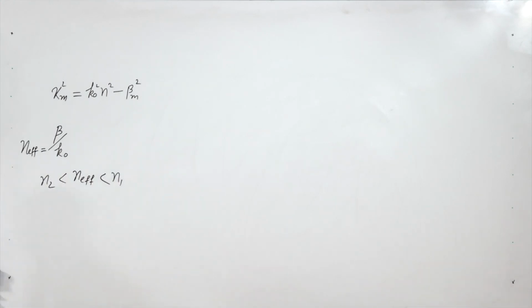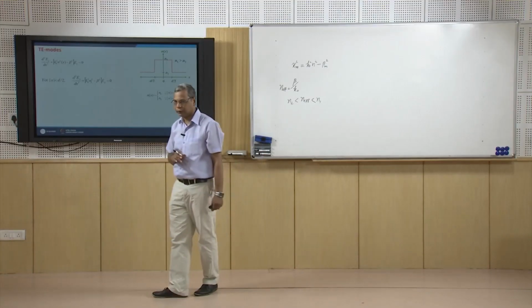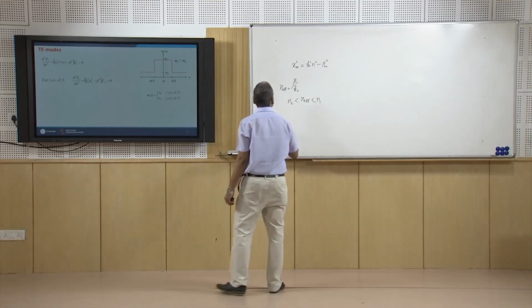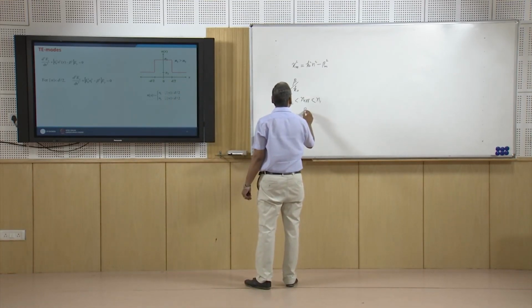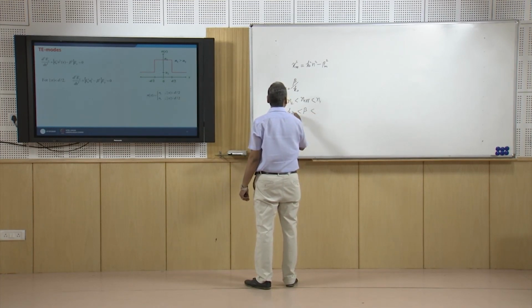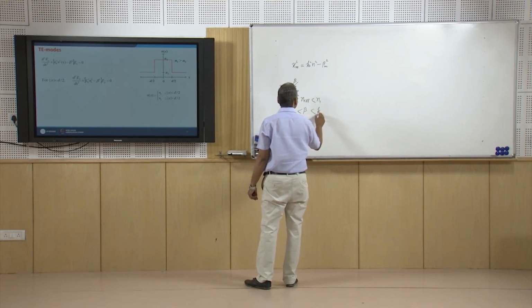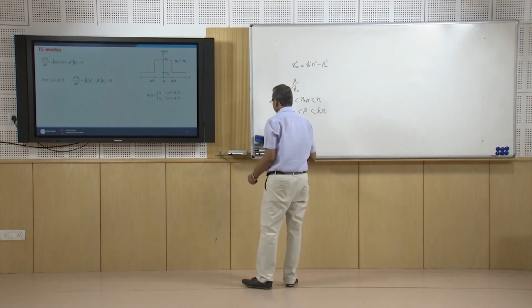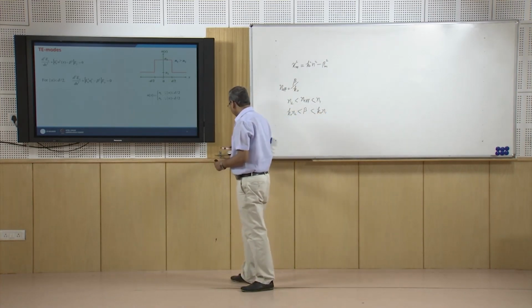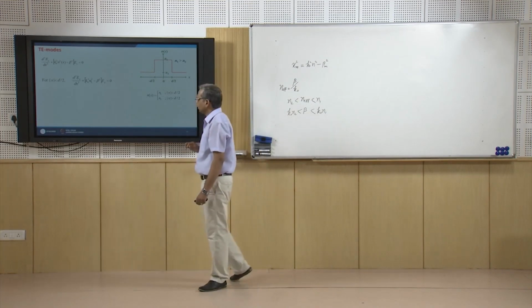Which means that beta would lie between k naught n2 and k naught n1. So, beta would be greater than k naught n2, while it would be smaller than k naught n1.